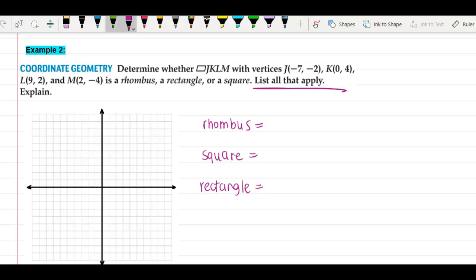Okay, so I'm going to go ahead and graph this. So -7, 1, 2.